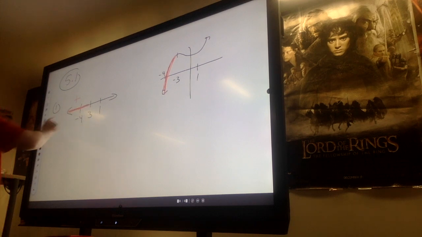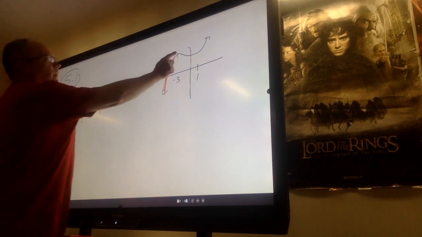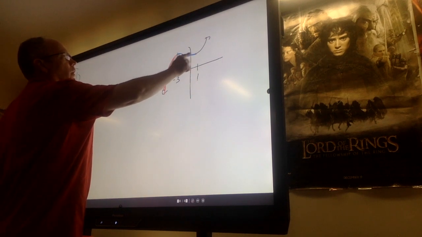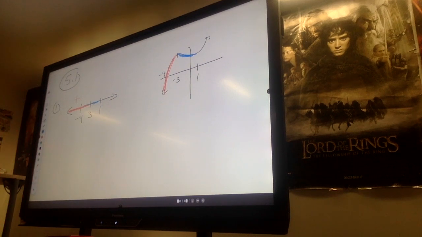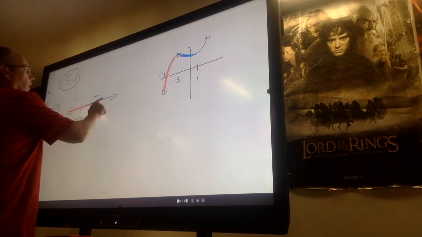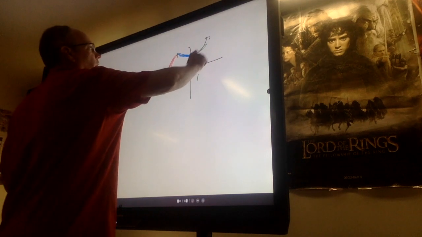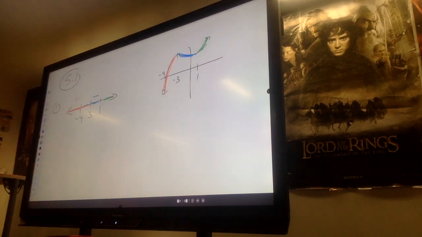And then if I go in between here from 3 to 1, what is that slope going to be if we take a look at it? Positive, negative, or 0? Negative. All right, and then if I take a look at this last portion here, would that slope be positive or negative?